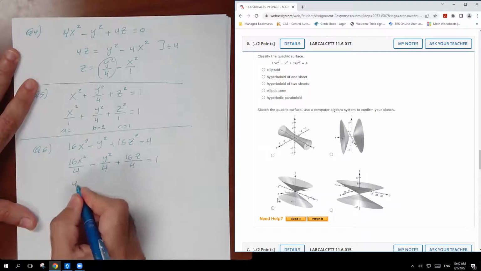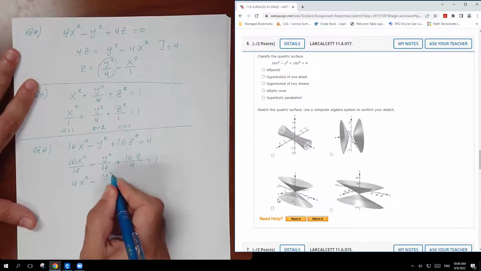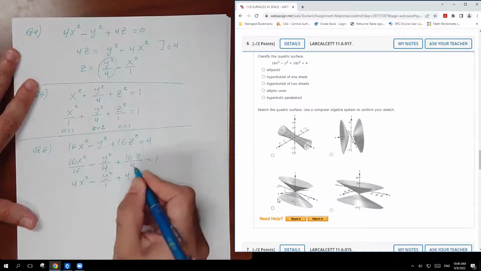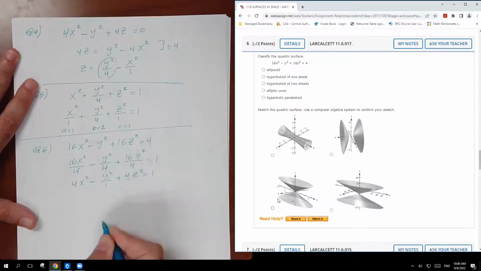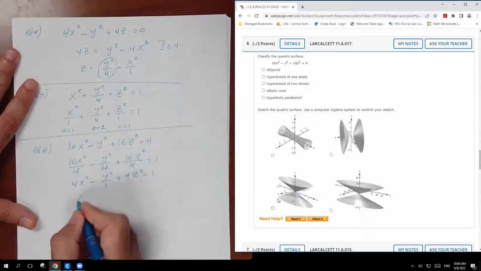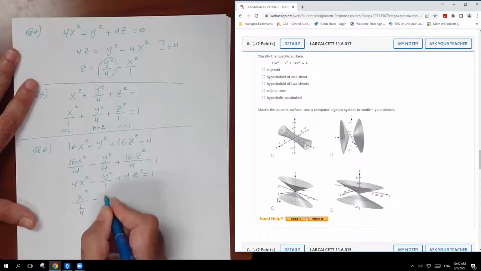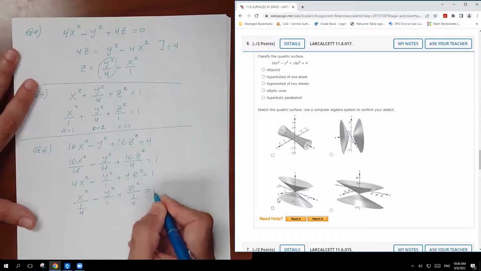So it's going to be 4x squared minus y squared over 1 plus 4z squared equals 1. Then I'm going to rewrite this as x squared over 1 over 4 minus y squared over 1 plus z squared over 1 over 4, which equals 1.